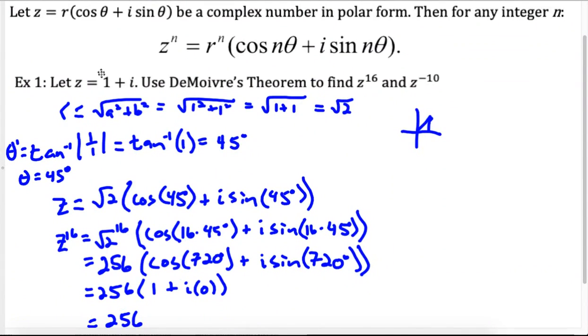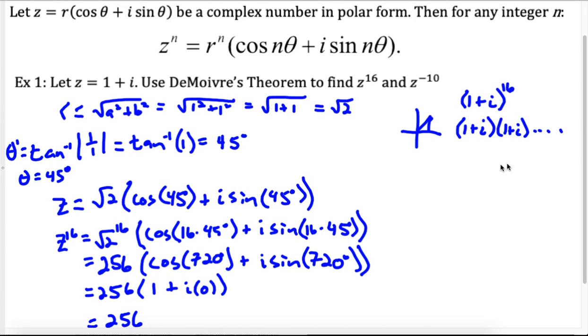Now, to understand what we just did, we took 1 plus i and raised that to the 16th power. Normally, if we were doing this using rectangular coordinates, I would have to write out 1 plus i times 1 plus i times 1 plus i 16 times and multiply those all out.